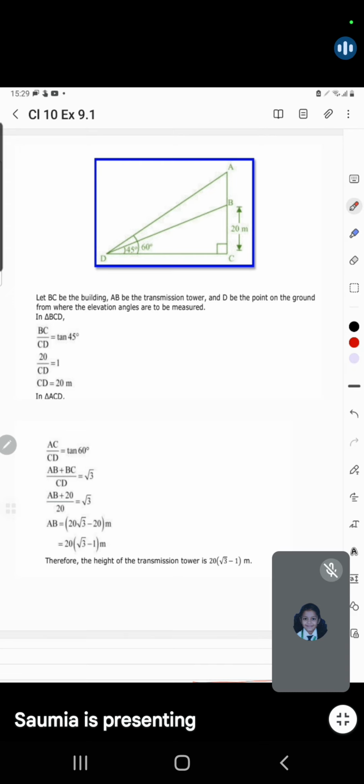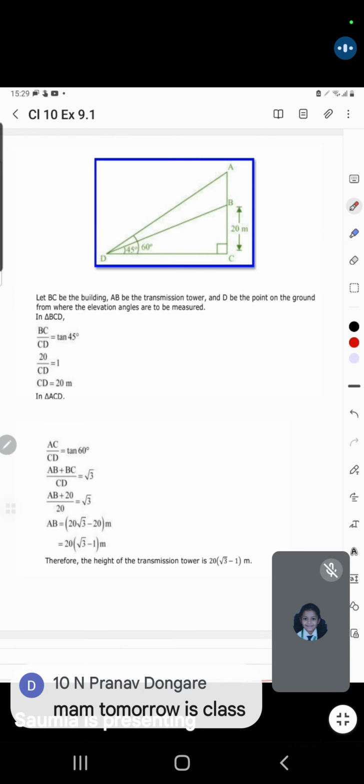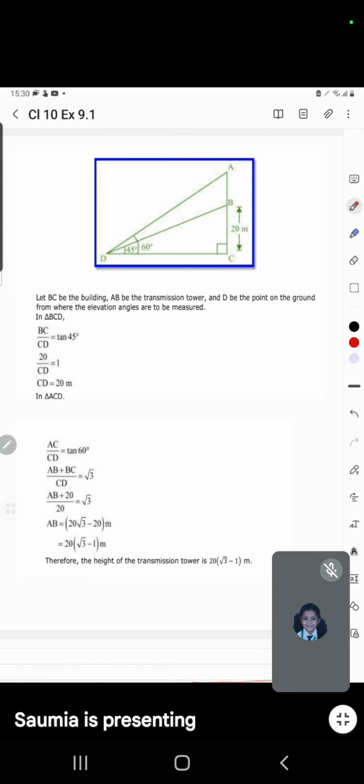So on Thursday we'll have it usually at 7:30 or 8. 8 for the sleepers. Okay, 8. So day after at 8.